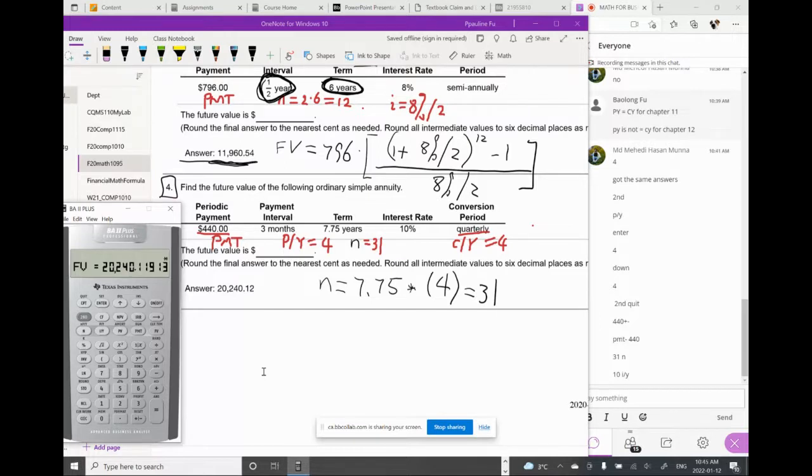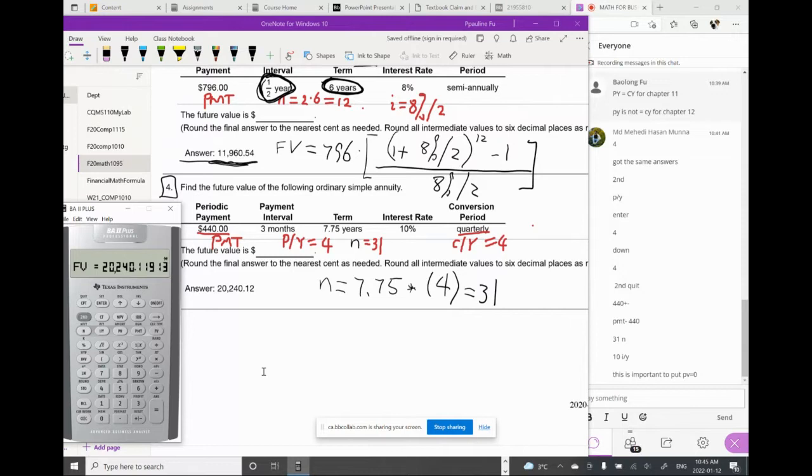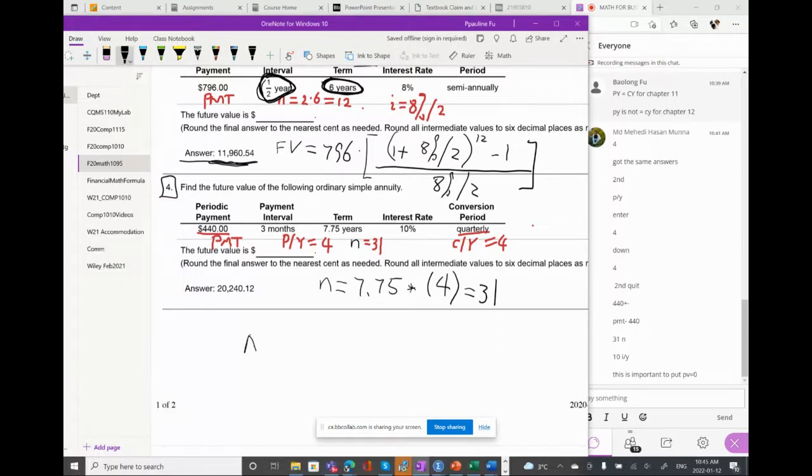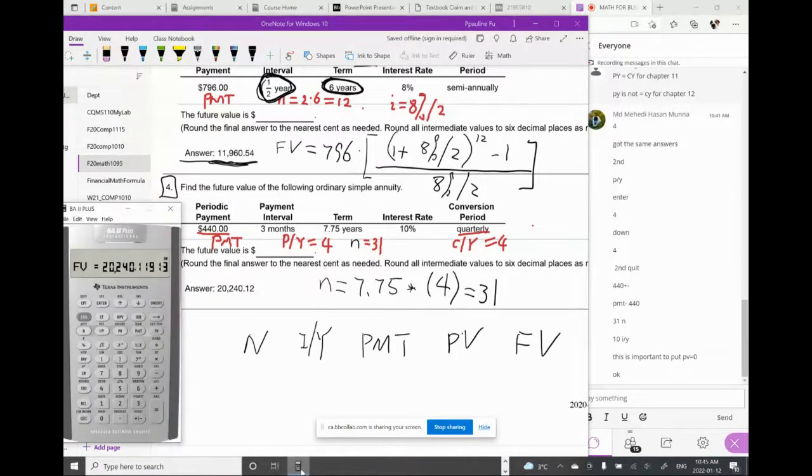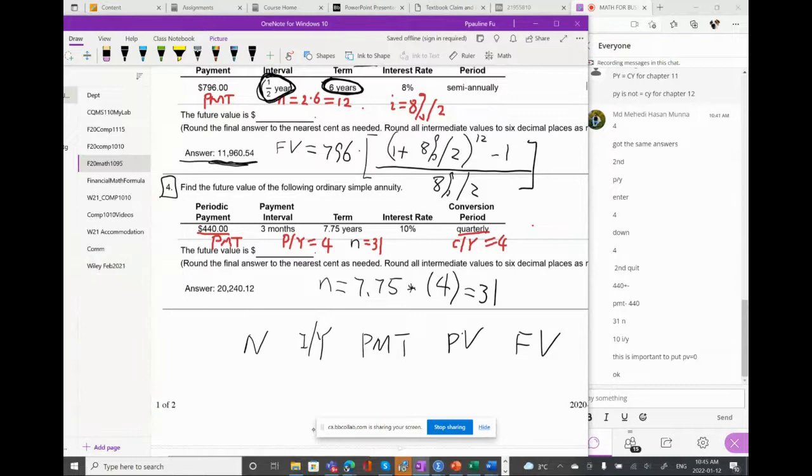So I solved 3 questions. Those 3 questions are similar to your quiz 1. It is important to put PV equal to 0. Remember there are 5 buttons: term N, interest IY, PV, PMT, FV. On your calculator, these are very important.